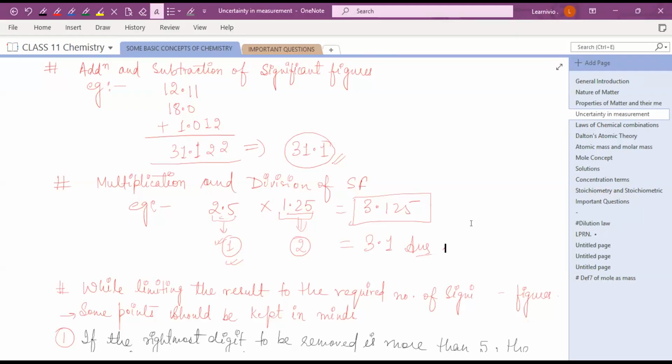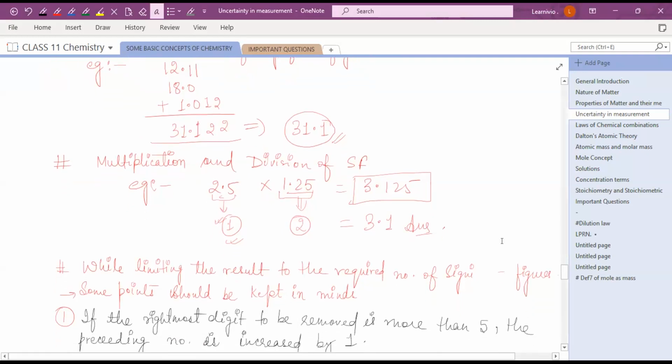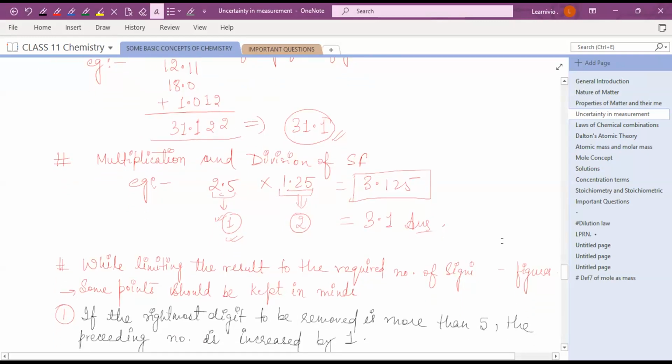Ma'am, till limiting reagent. Okay, done.